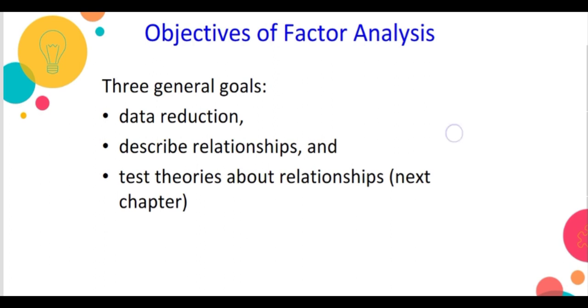For example, we have a large set of variables, and we want to reduce it to some factors. We have p variables and we will reduce them to k groups, or k factors. Okay, and how do we reduce that?